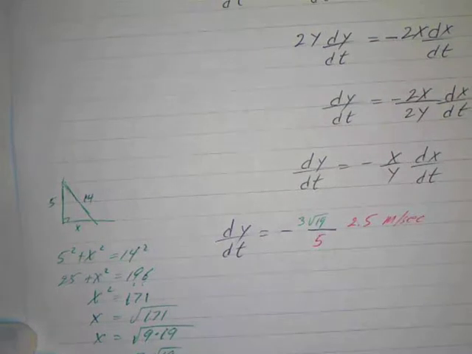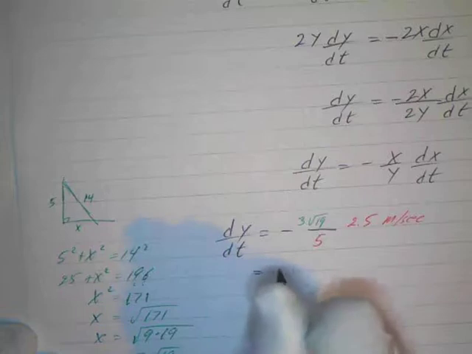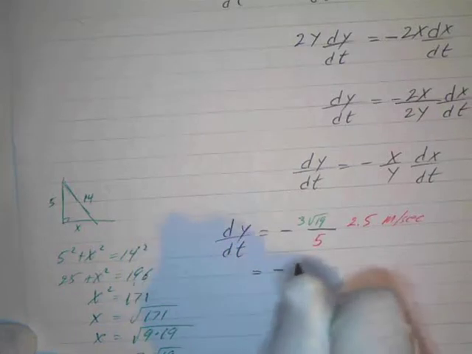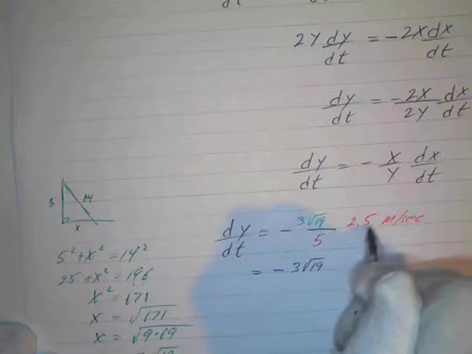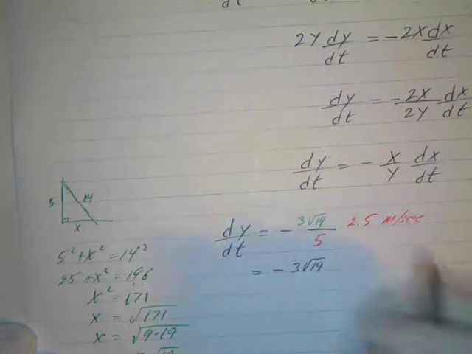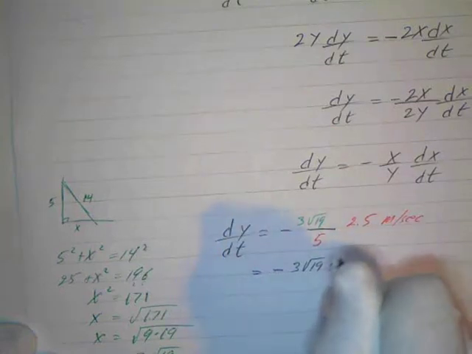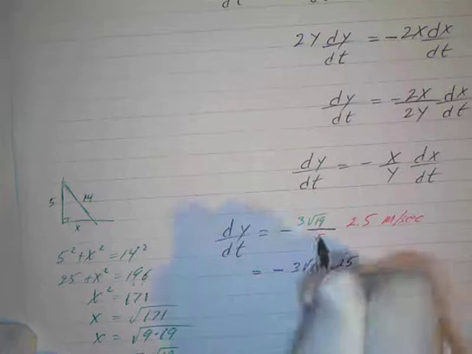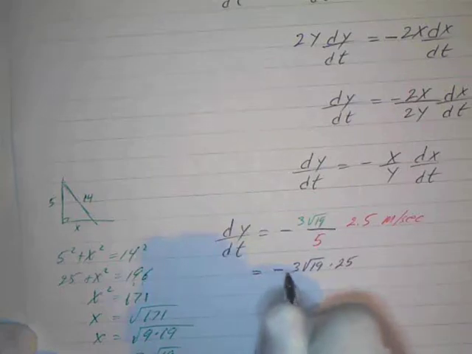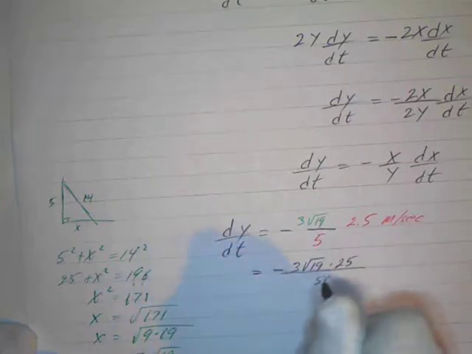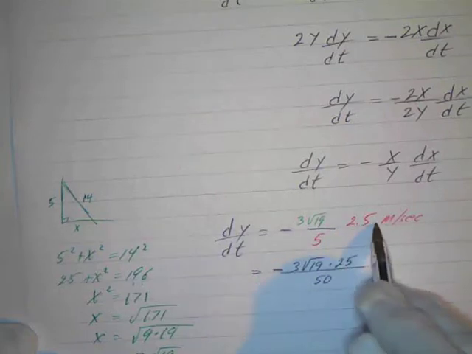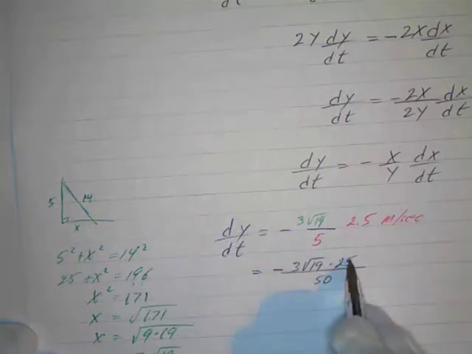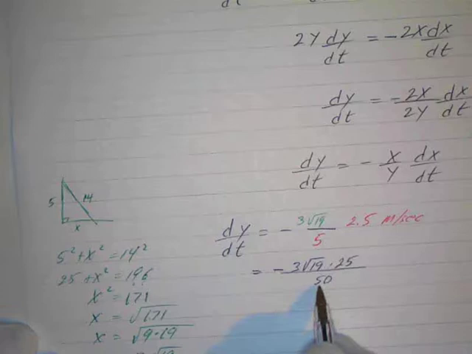So we could say that this equals negative 3 times the square root of 19 times 2.5, and if I multiply this by 10, I get 25, and if I multiply the bottom by 10, I get 50. So I'll multiply that by 10 and that by 10, and then 25 over 50, 25 goes into 50 twice.